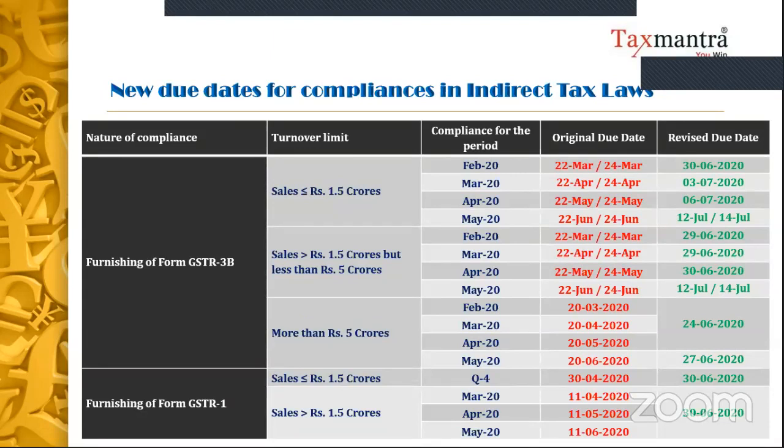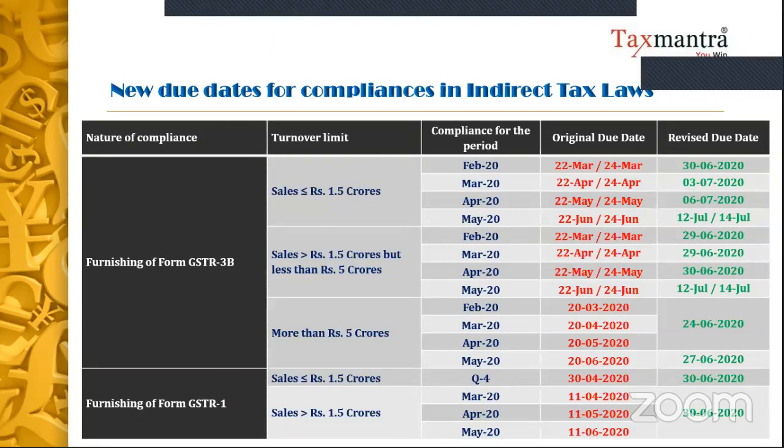If the taxpayer belongs to Telangana or Maharashtra, then it would be 22nd of March. So depending on the states, the original due date was mentioned in the presentation. If you go to the original due date, you can see the revised due date. For the month of February, the due date was 22nd of March and 24th of March. Now, it has been extended to the 30th of June 2020.